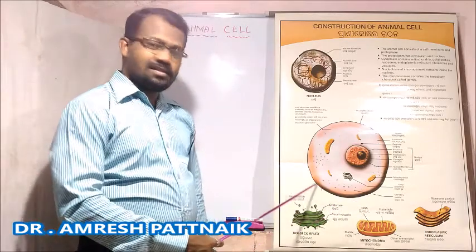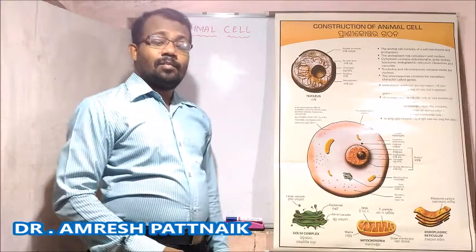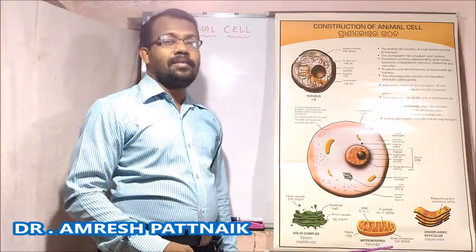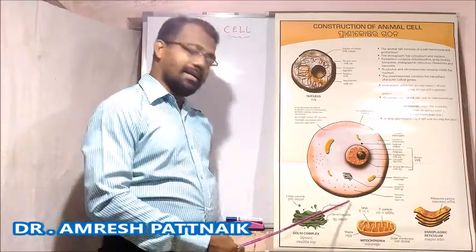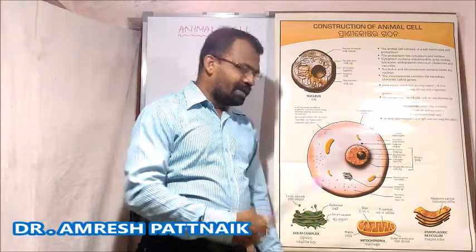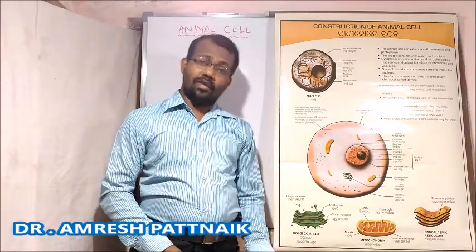The cell membrane is made up of different things. Mostly it is protein, lipid, protein, or it is PLLP pattern. Okay, we'll be studying later. But here, the total cell is divided into three different parts. What are they?